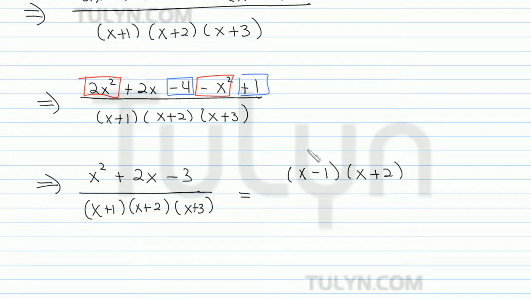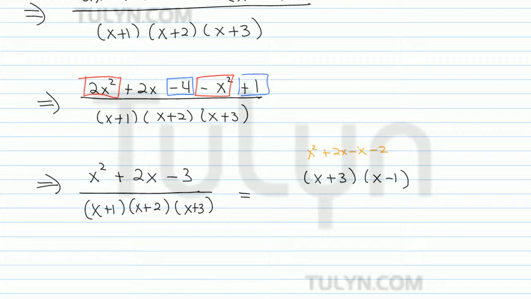Let's check to make sure. x squared plus 2x minus x minus 2. Nope. See, everybody makes mistakes. I see what I did. So this becomes actually x plus 3 times x minus 1.